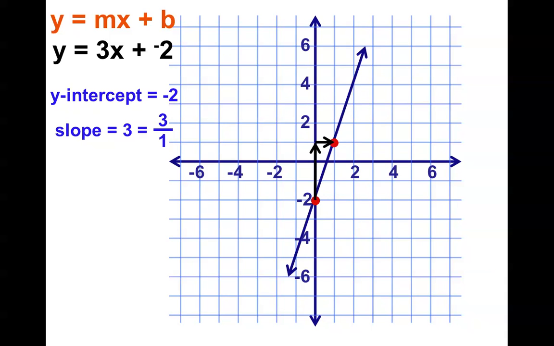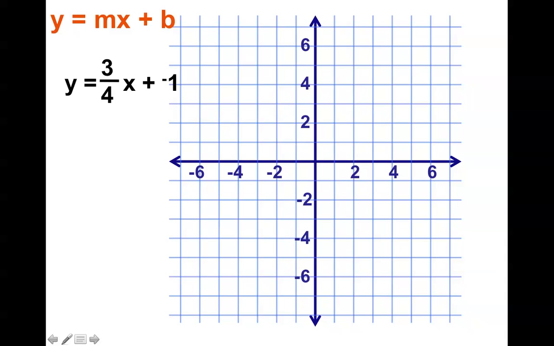And there's the line. Notice, had I picked 1 for x, 3 times 1 is 3, plus -2 is 1. That is the point we would have, 1, 1. And notice we can continue this pattern for a while. Rise 3, run 1, and we would get a new point. Makes it nice and easy.